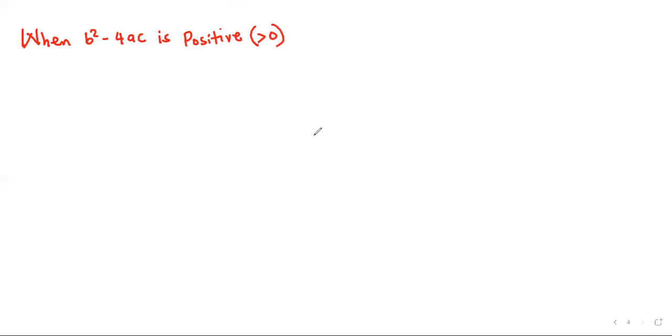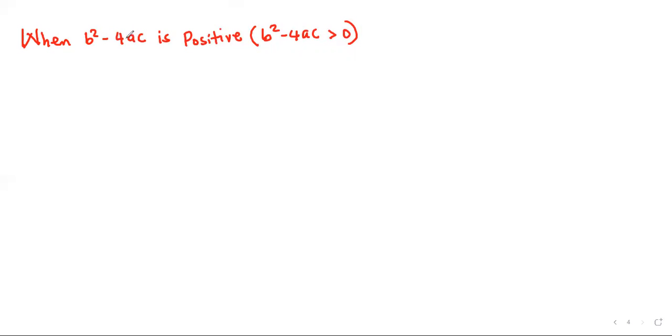So when b squared minus 4ac is greater than 0, then it is positive.